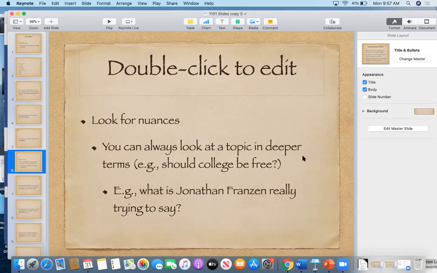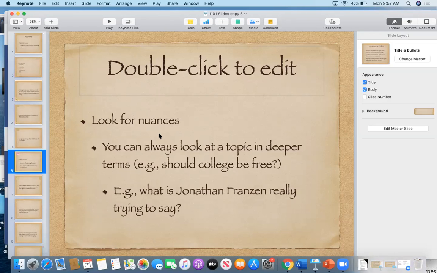But also, if we take a look here, look for nuances. You can always look at a topic in deeper terms. Last time in the session, we looked at whether college should be free. Well, the immediate answer that comes to mind for all of us here in this classroom is, yeah, of course, that would be awesome, right?